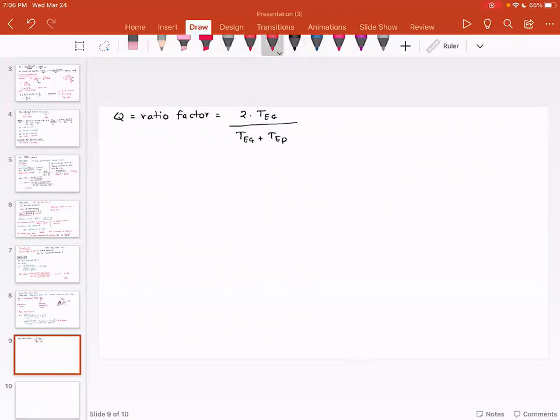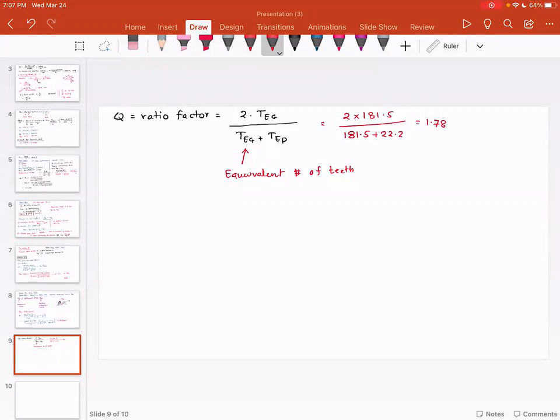And here a word of caution, these are equivalent number of teeth. What this means is 2 times 181.5 divided by 181.5 plus 22.2. Answer is 1.78. You are welcome to round off number of teeth, but your answer would approximately be the same.